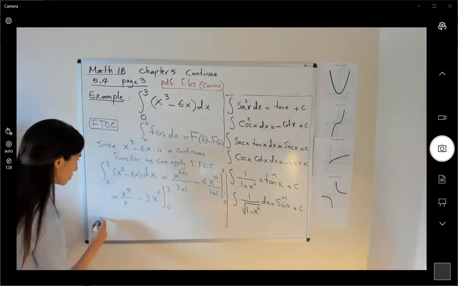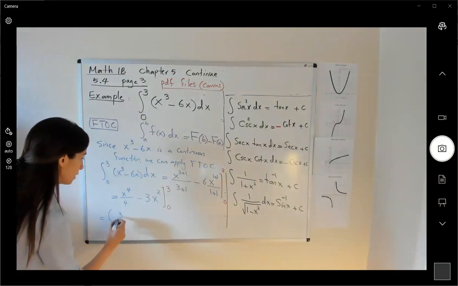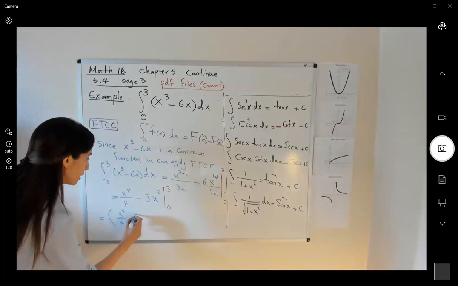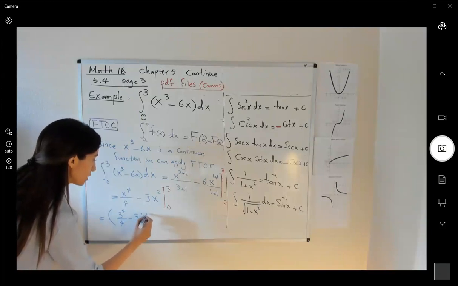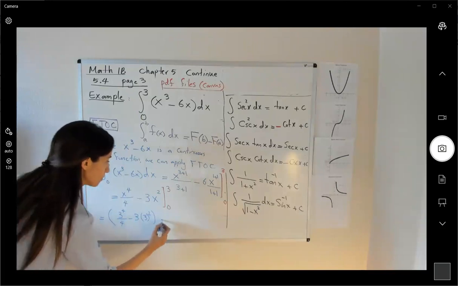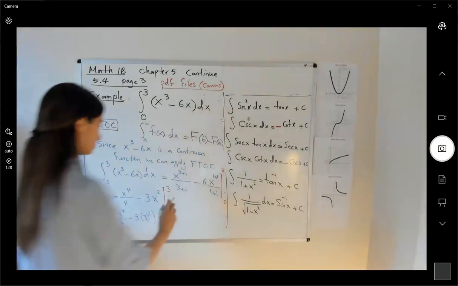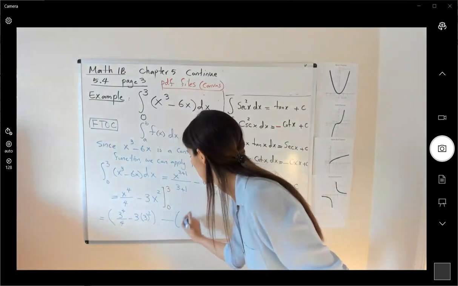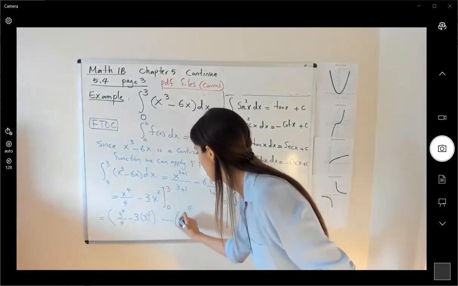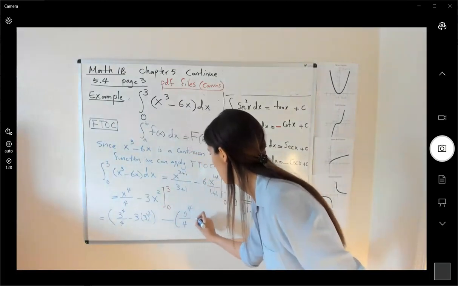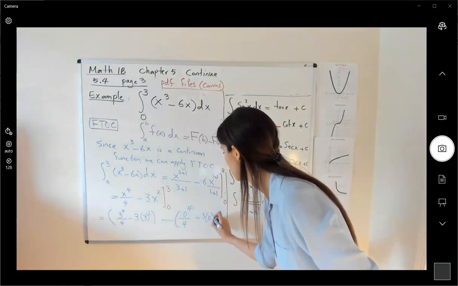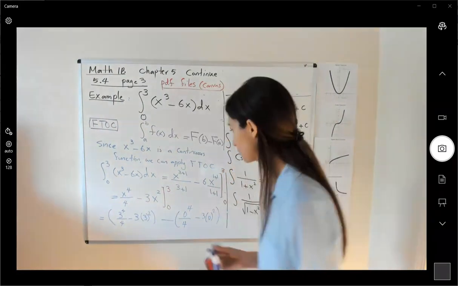This is equal to 3 to the 4 divided by 4, minus 3 times 3 squared, minus, then we plug in 0: 0 to the 4 divided by 4 minus 3 times 0 squared.